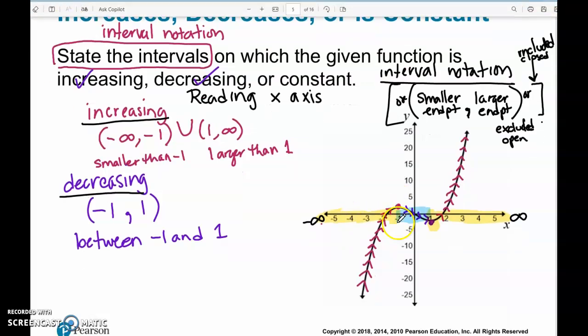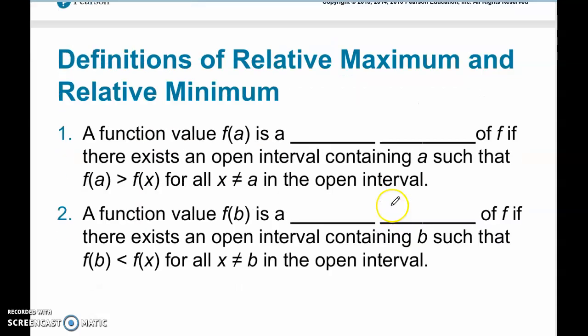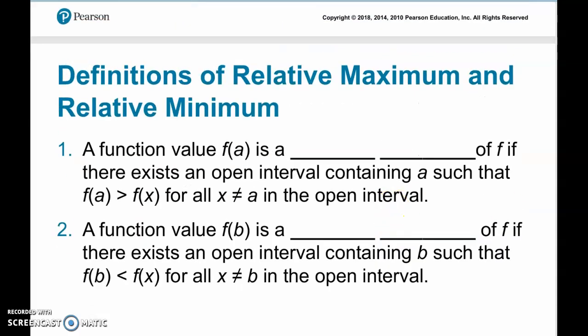Now, at these turning points, you have a relative maxima or minimum. So filling in the blanks here, a function value is a relative maximum of f if there exists an open interval containing a such that f of a is greater than f of x for all x not equal to a.